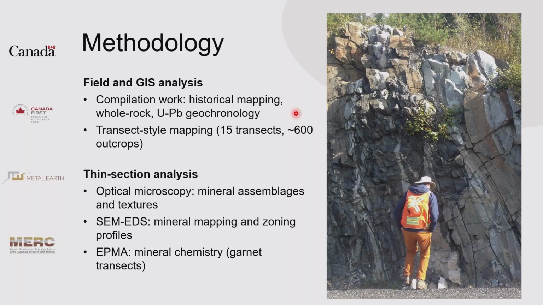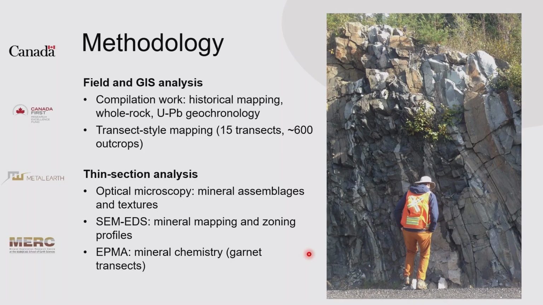Then the transect-style mapping was done over 2 summers. We did about 15 transects and 600 outcrops that tried to cross different parts of the Quetico. Then we bring it down to the micro scale, where we look at mineral assemblages and textures for all of our samples using optical microscopy, with some help from micro XRF as well.